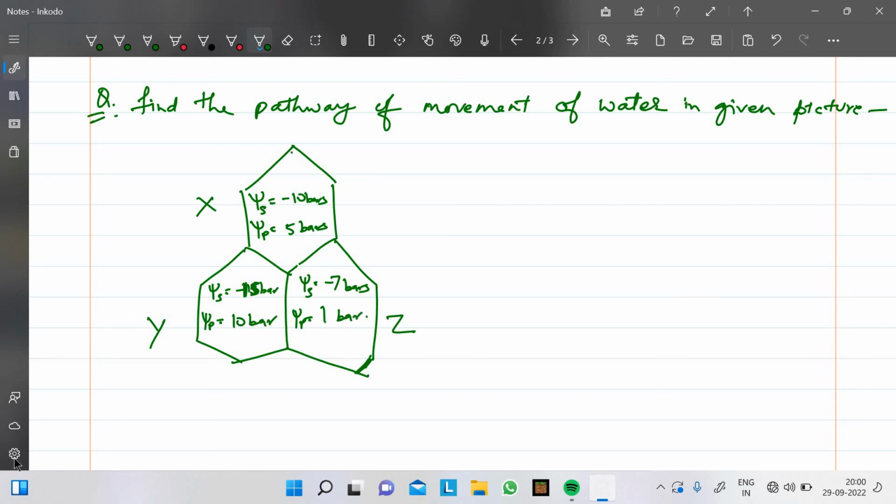Now we have to find out the pathway of movement of water. So again, how will you find out? In this case, we will find out the water potential for each cell. For cell X, water potential कितना हो जाएगा? Water potential is equal to solute potential plus pressure potential.